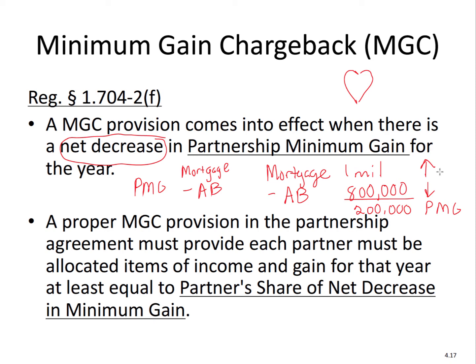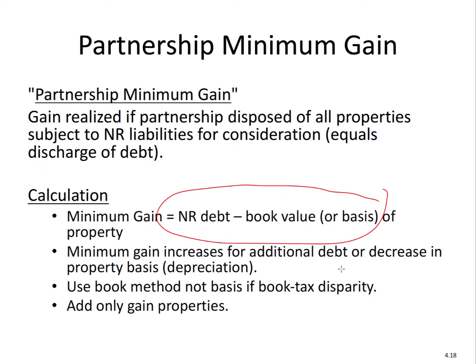I meant that will increase. So remember, the gain is only triggered when the partnership minimum gain goes down. The minimum gain chargeback provision is triggered when there's a decrease.